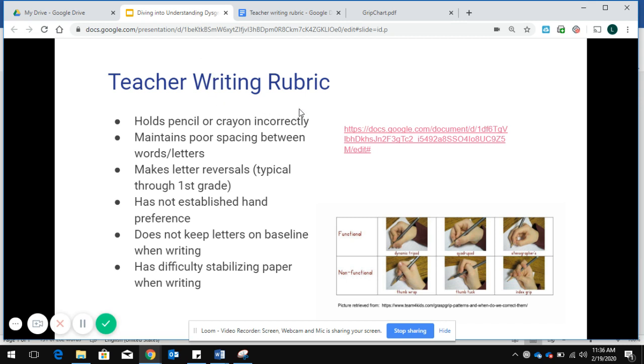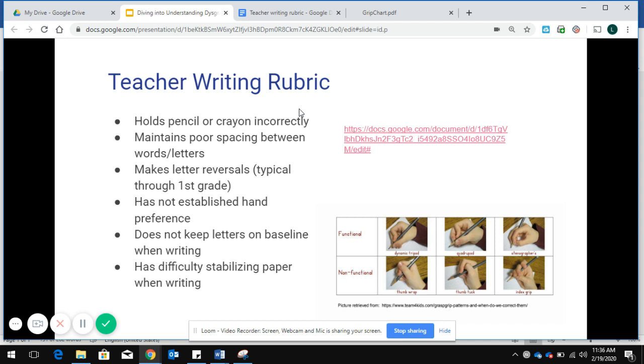So when you are completing the teacher writing rubric, I want you to pay special attention to the way the student holds the pencil, how they do with spacing, if the spacing is poor or appropriate between the lines, the words and the letters. You are going to consider letter reversals. And remember, these reversals are going to be typical through first grade.